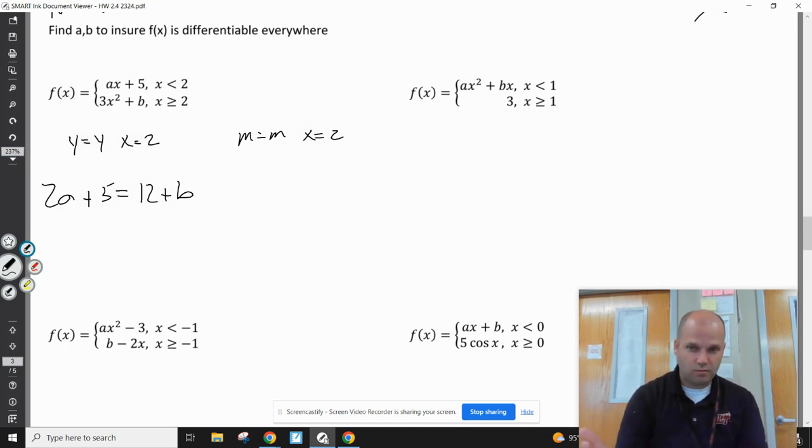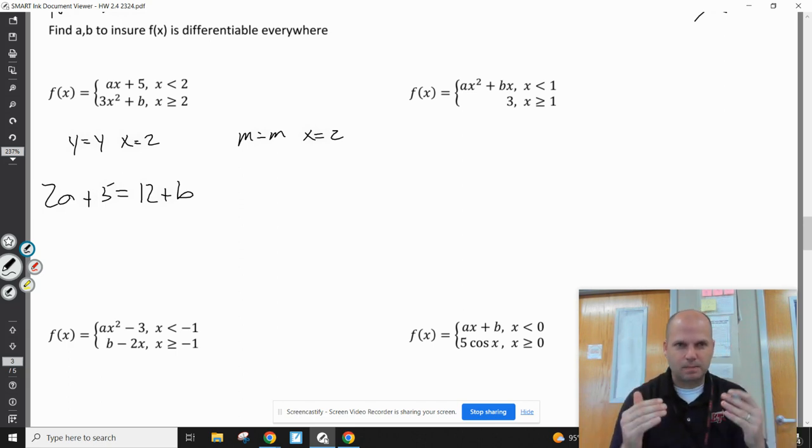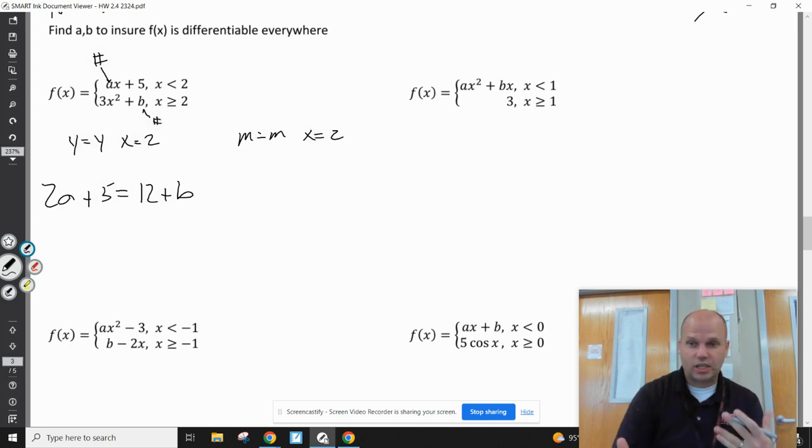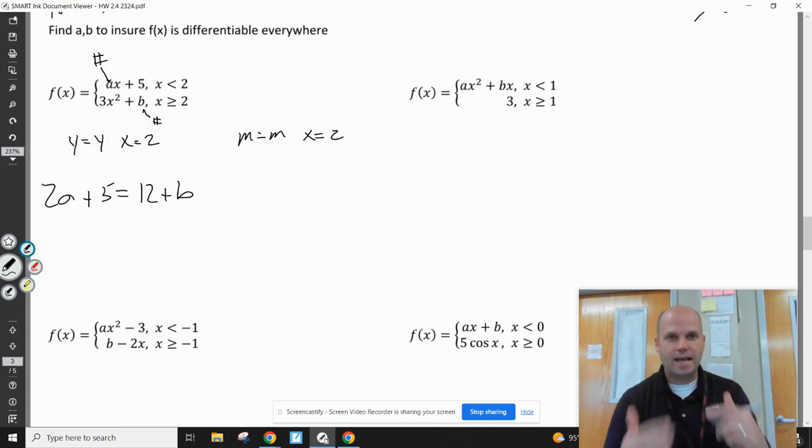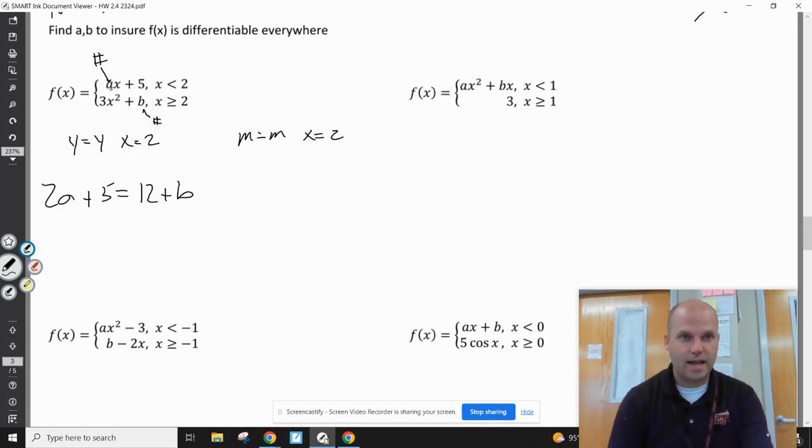I could subtract 5 from both sides, but let's leave it here. But now, my slopes of the top and the slopes of the bottom must be the same at 2. A and b are numbers. This is very important. That's a number. That's a number. Think about replacing it with a number and taking the derivative of that. If it was 4x plus 5, the slopes would be 4. Ax plus b slopes, or ax plus 5 slopes, are a.